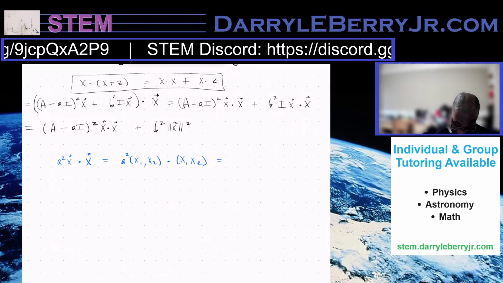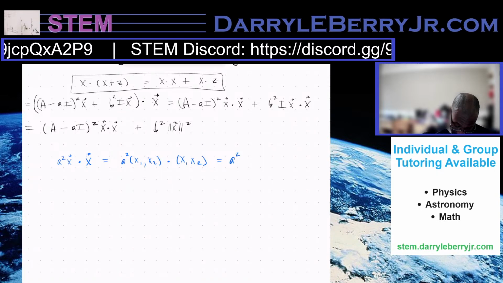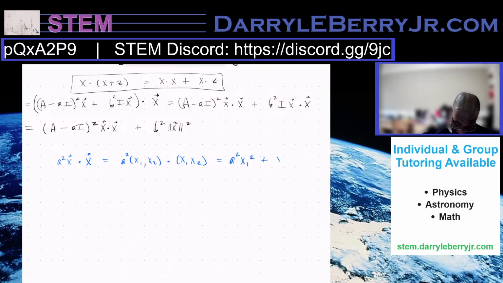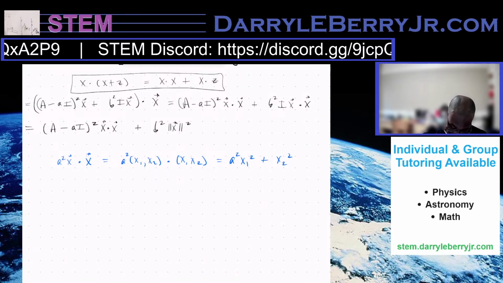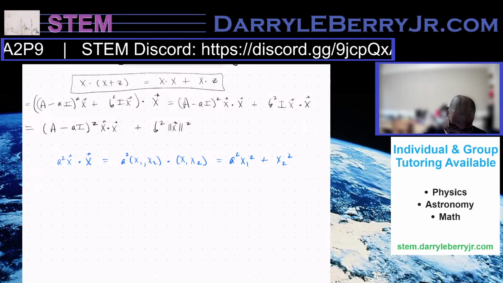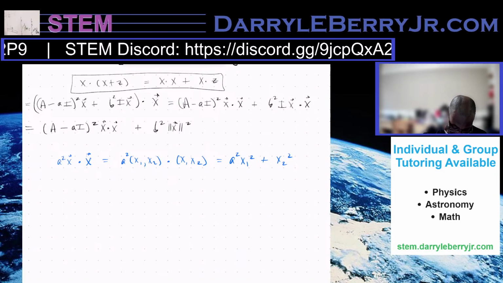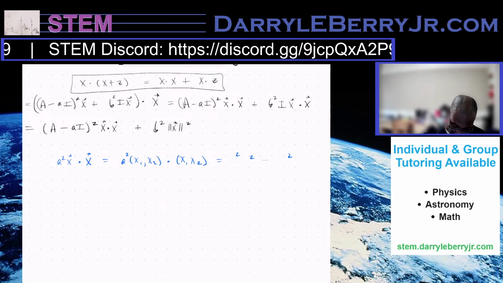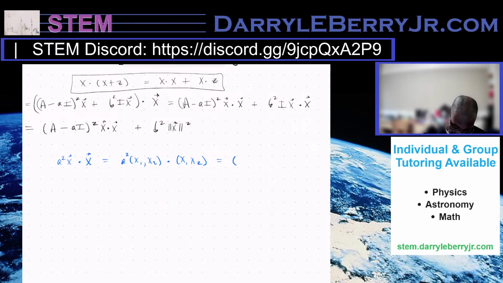So that equals a squared times x1 squared plus x2 squared. Unless, that's right, I'm scaling the whole point.